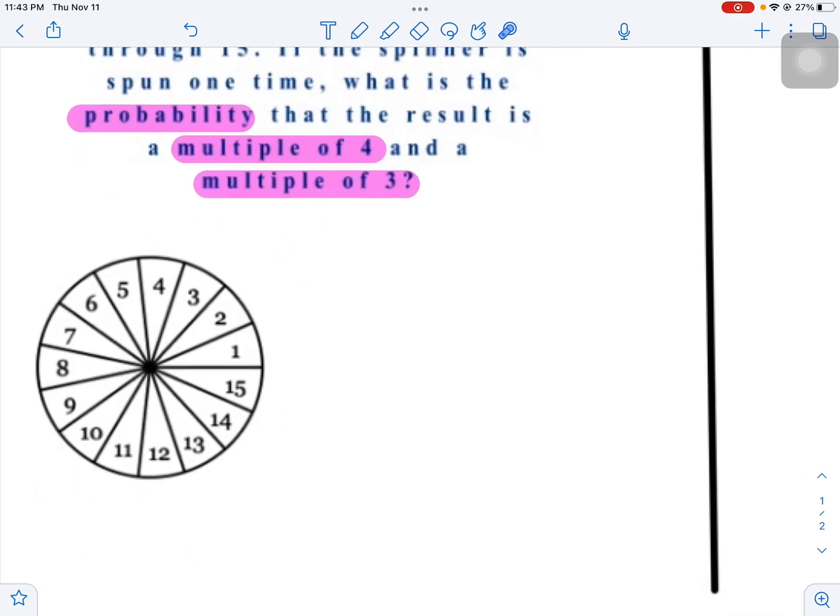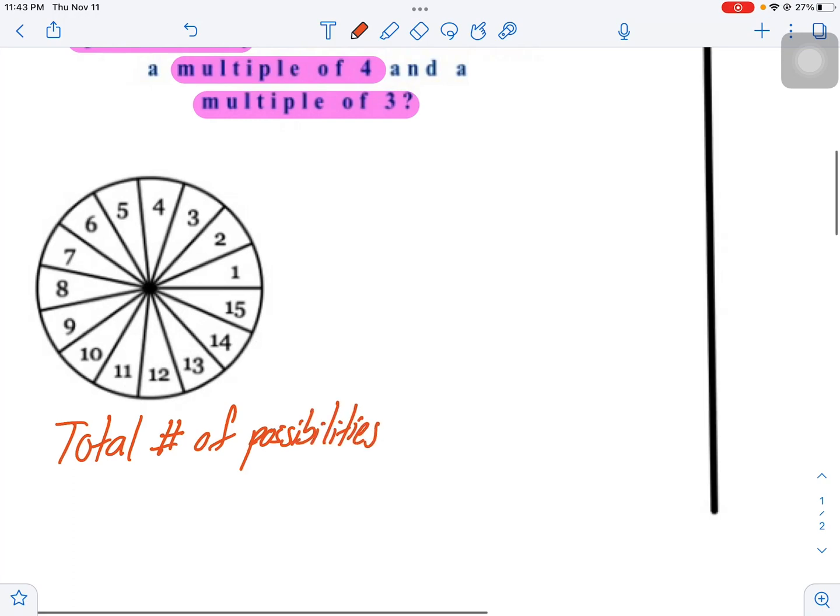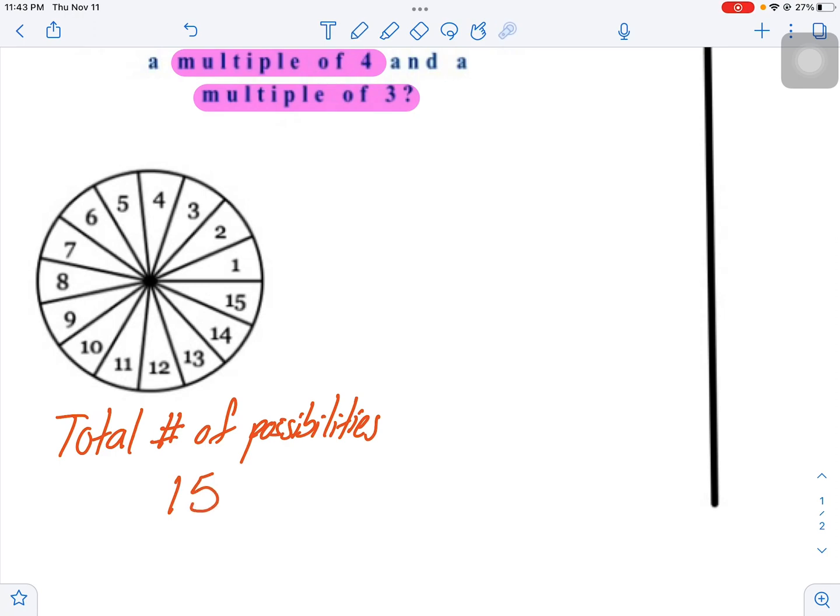So we identify the total number of possibilities. The total number of possibilities is 15. It's 15 different spaces, 1 through 15.